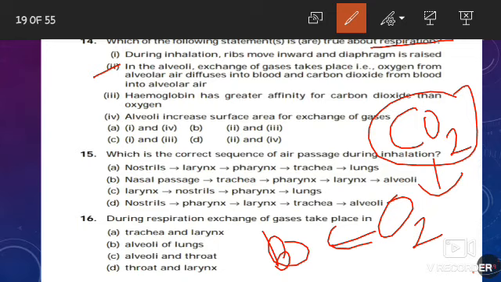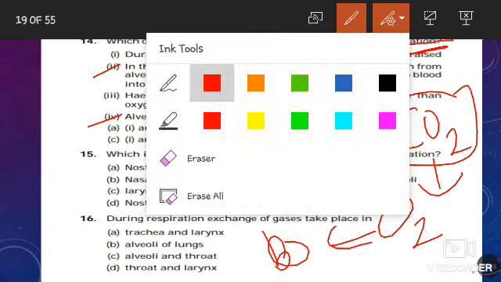And all these processes occur in the lung region, specifically the alveolar region. Alveoli increase the surface area so that exchange of gases can take place. So statement 4 is also correct. So the answer is D, that is the second and fourth statements are correct related to the process of respiration.